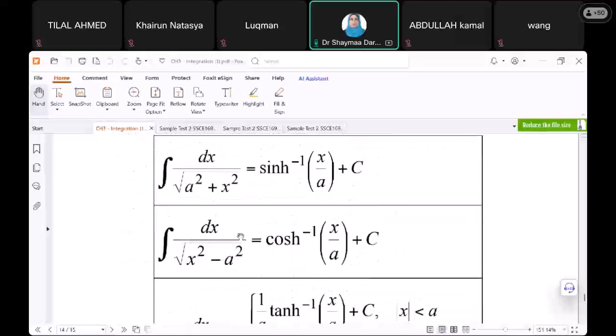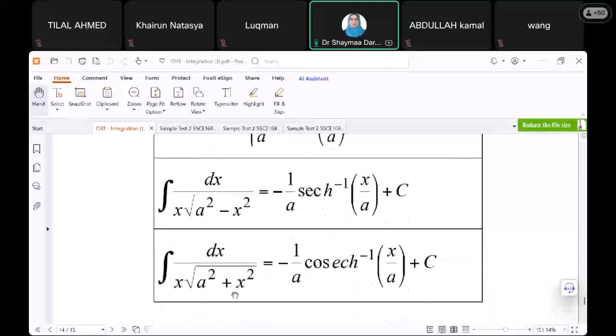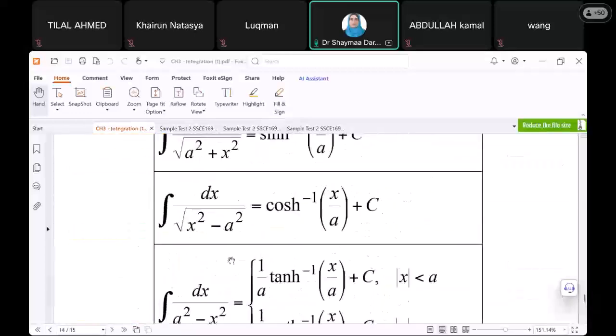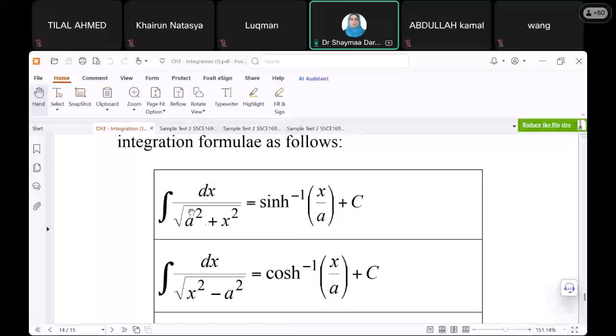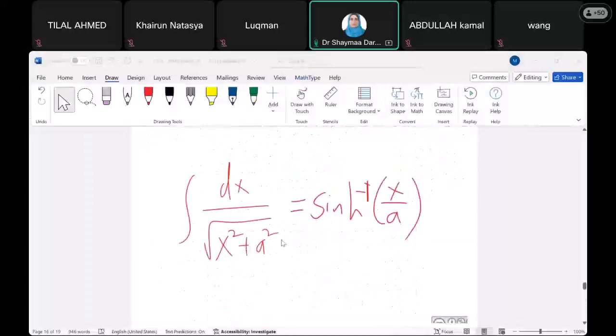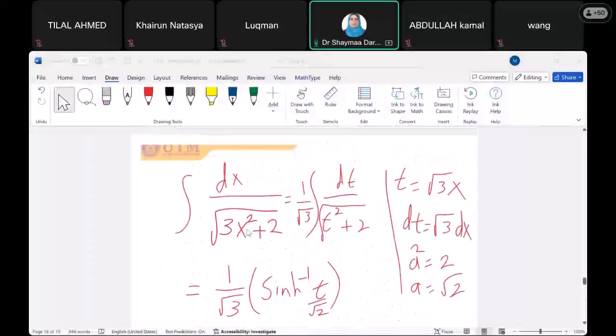So now when I have the integration for this part, for this question, I change this to t squared plus 2. So t squared plus 2 is similar to this one, but a squared is 2. Okay, so here I use this formula of sine inverse. So 3x squared becomes t squared plus 2.